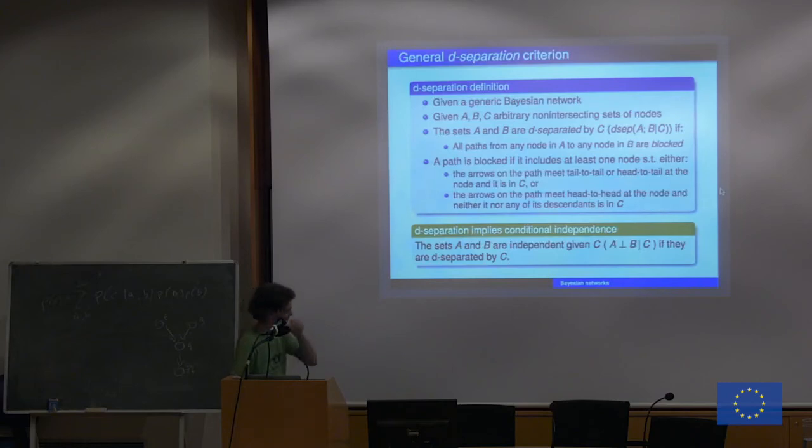And now, there is, at this point, a very simple way to read independencies in the network, which uses these rules that I showed before as building blocks. Okay? And now, if you have any Bayesian network, and let's say A, B, C are arbitrary sets of nodes, non-intersecting. So A, B, and C can be single nodes, it can be sets, okay?